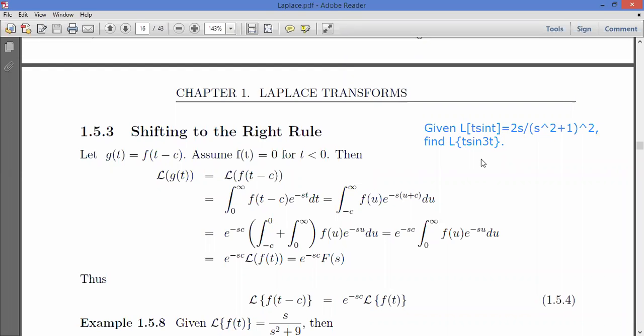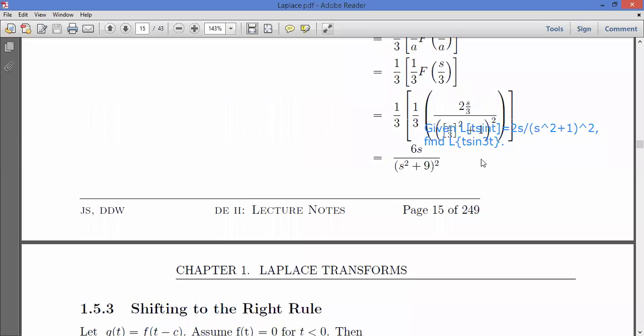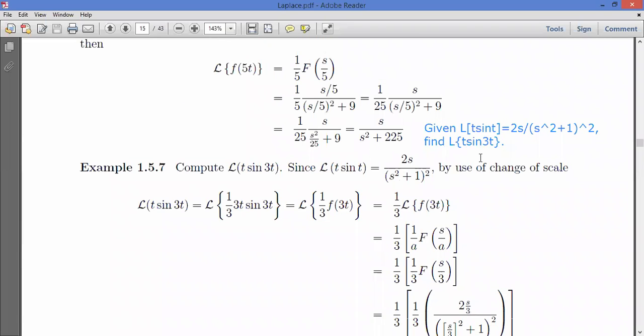That is what we have here. Since we have that right there, then we start. So our question is here: given this, find that one. That is why we are saying compute this.